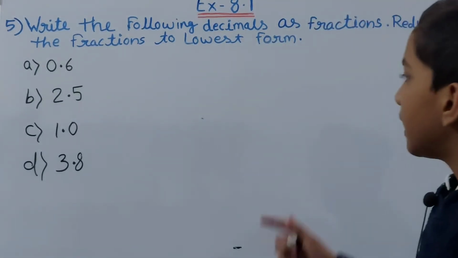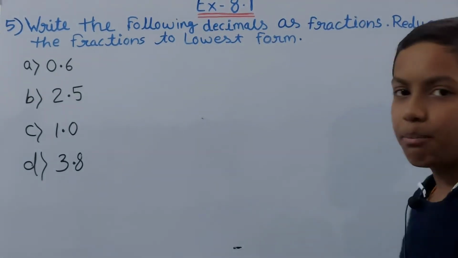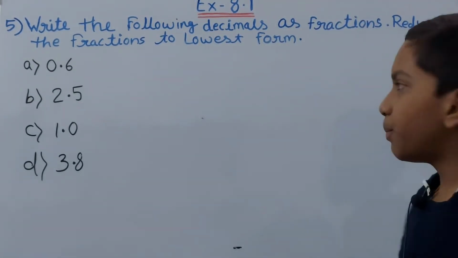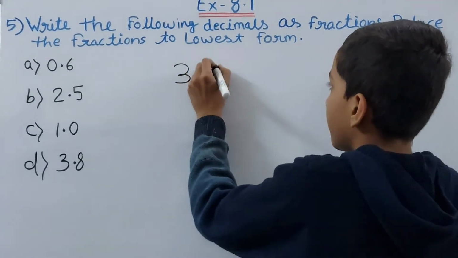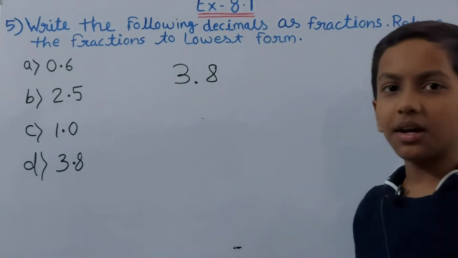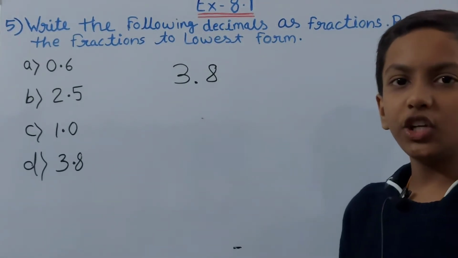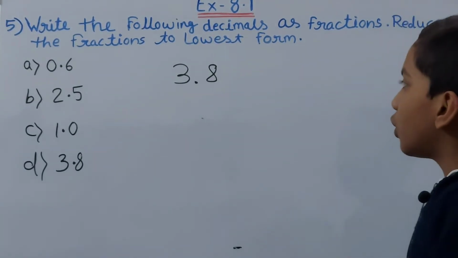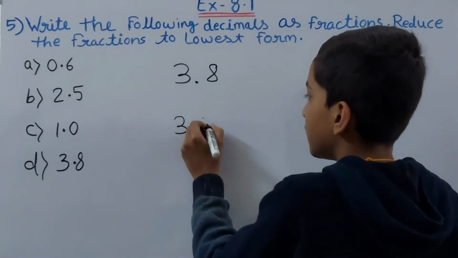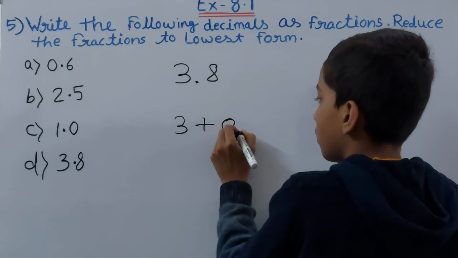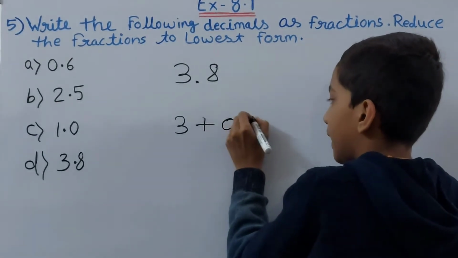So this is the D part, which is 3.8. First let's convert this 3.8 into a fraction. Let's break this down: 3 plus 0.8.